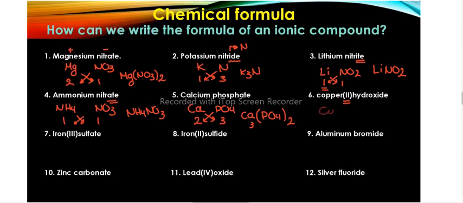So the 2 of the copper, which is right here, stands for the valency of the copper, or the oxidation state, which is 2. The hydroxide is the OH, a polyatomic ion. Then you cross multiply. So it's Cu, you will use OH between brackets by 2.